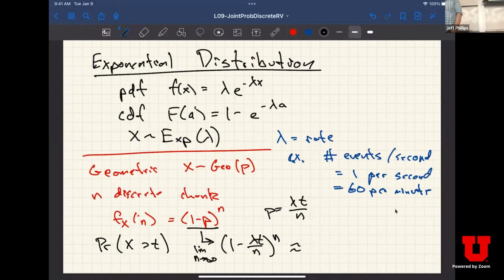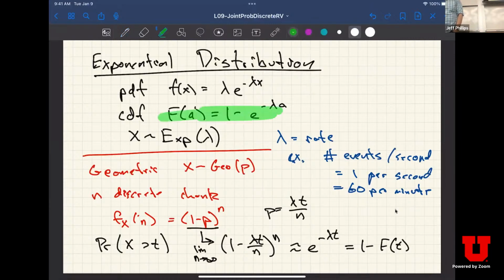Then this converges to e to the negative lambda t, which is 1 minus the CDF of t for the exponential distribution.